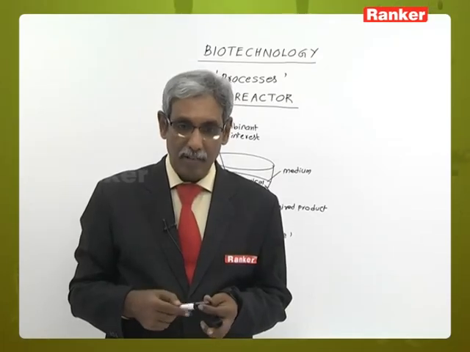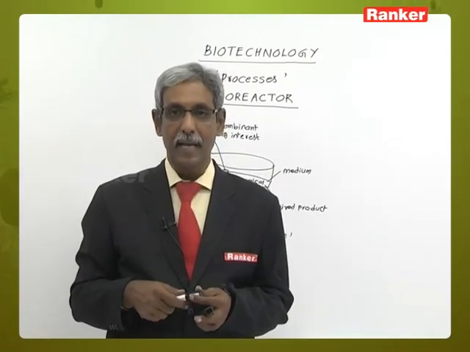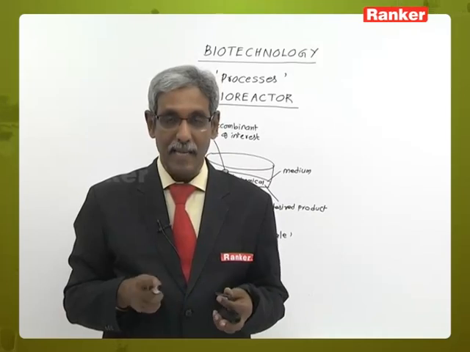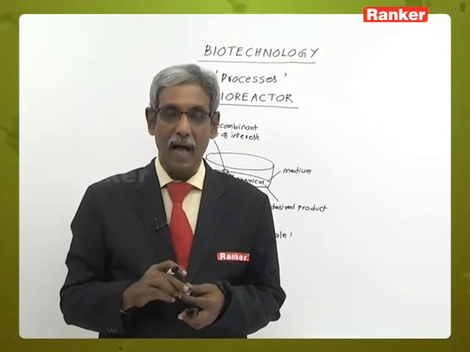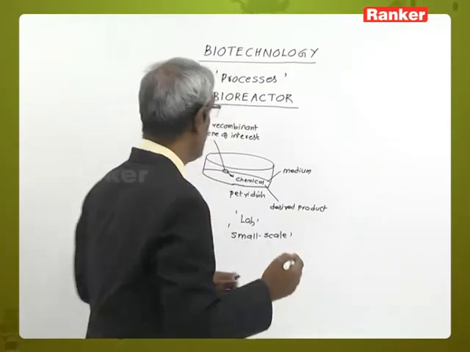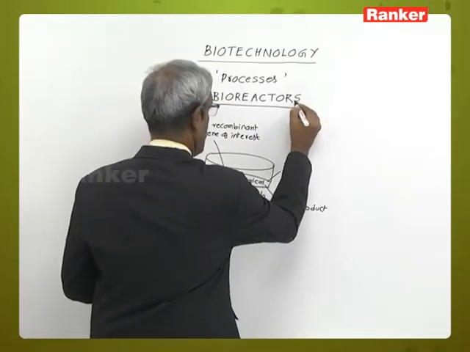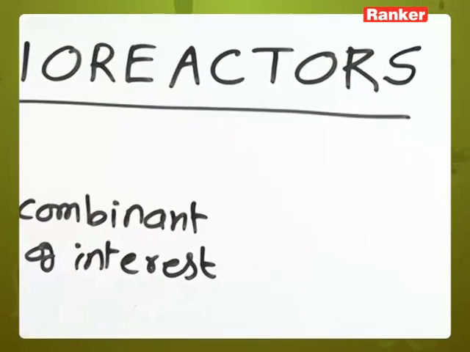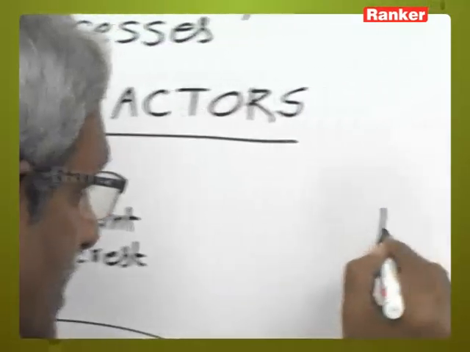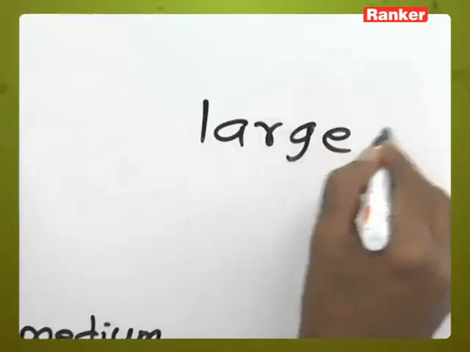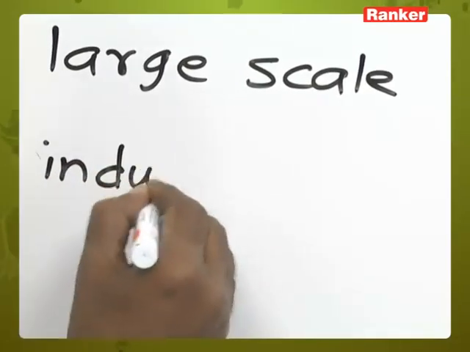For large scale production, the product from the recombinant DNA can be obtained on a large scale by using certain large vessels which are termed as bioreactors. So, the goal of bioreactors is large scale industrial production.